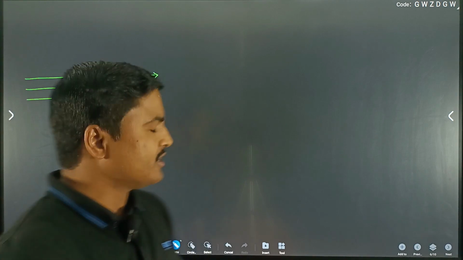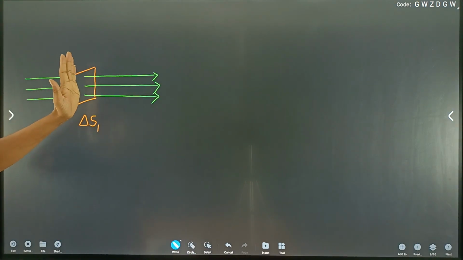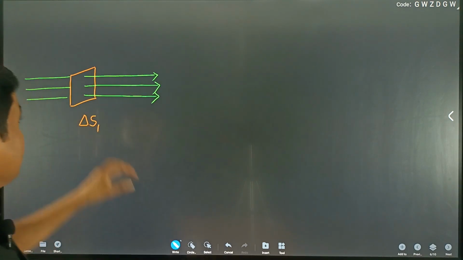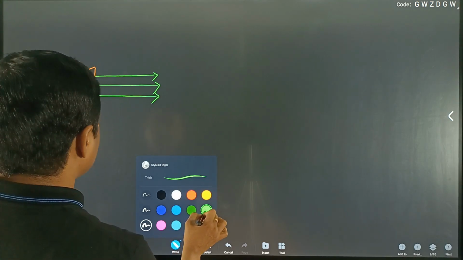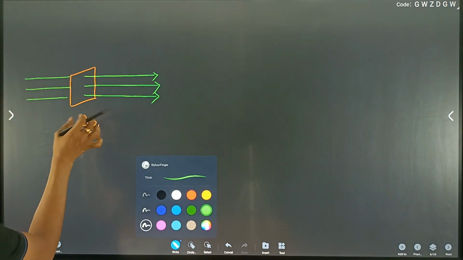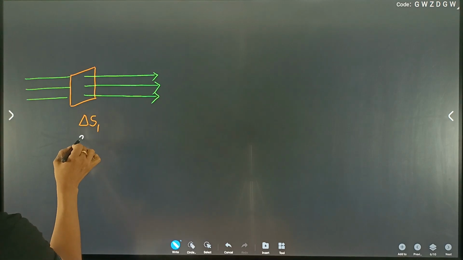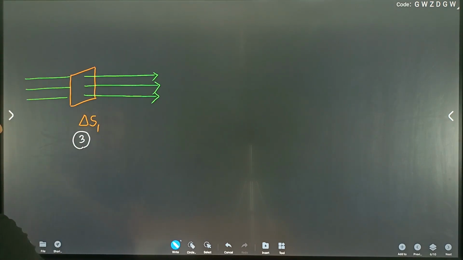Clear? And here the small area element is perpendicular to the electric field lines, and in this case total number of electric field lines crossing through this small area element, we write suppose that is 3. Clear?